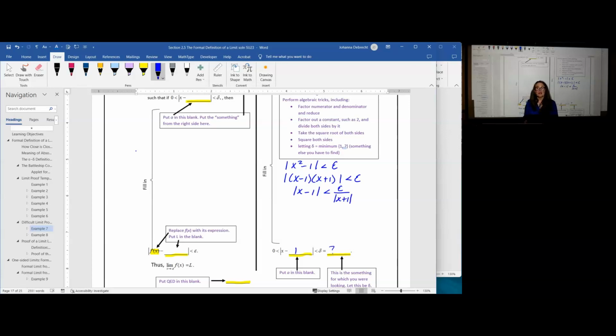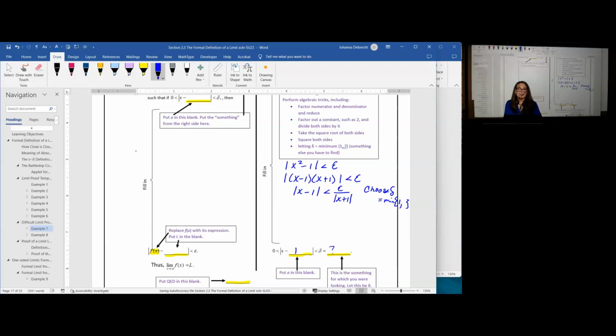And then I have to play a little trick. I'm going to choose delta to equal the minimum of 1 and something else.